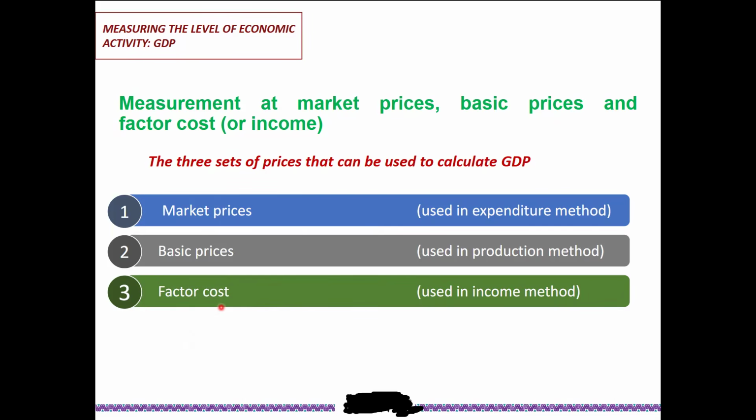Calculate GDP at market price. Which method am I going to use? Because it's market prices, we usually pay the market price when we spend on goods and services for consumption, right? So I'm definitely going to use the expenditure method for this one. So obviously for basic prices, I'm going to use the method which is left, which is the production method.